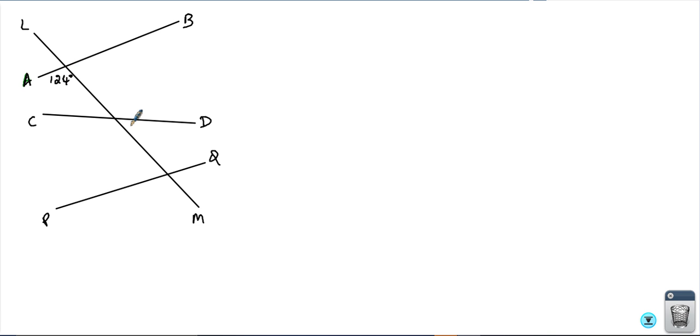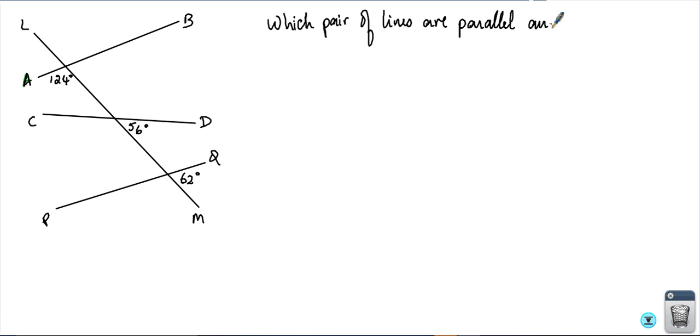This is 56 degrees. This is, let us say, 62 degrees, okay? And we need to find which pair of lines are parallel, and why?